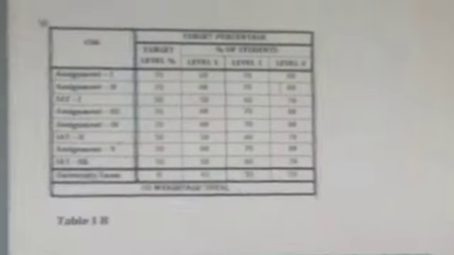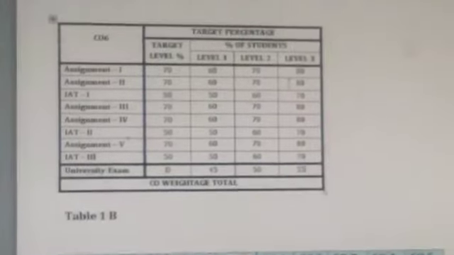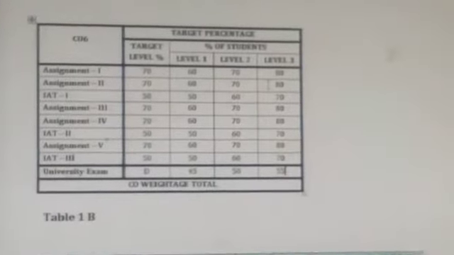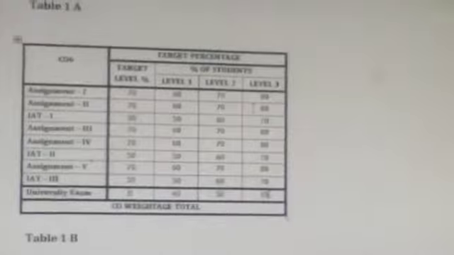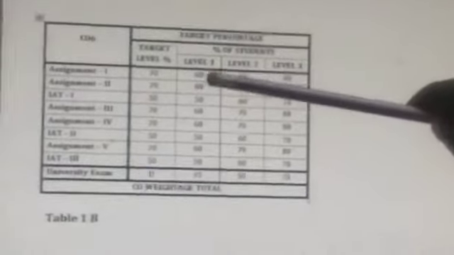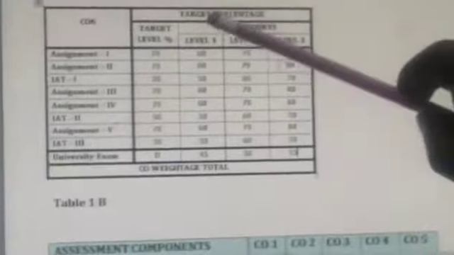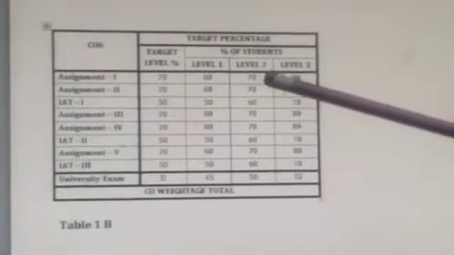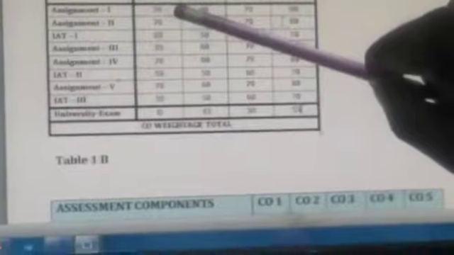So I have split my students into 3 levels, level 1, level 2 and level 3. Level 1 means if in my class 60% of the students have reached the target of 70% marks in assignment 1, the level is 1. If 70% of the students have reached 70% marks, that is the target in assignment 1, it is level 2.